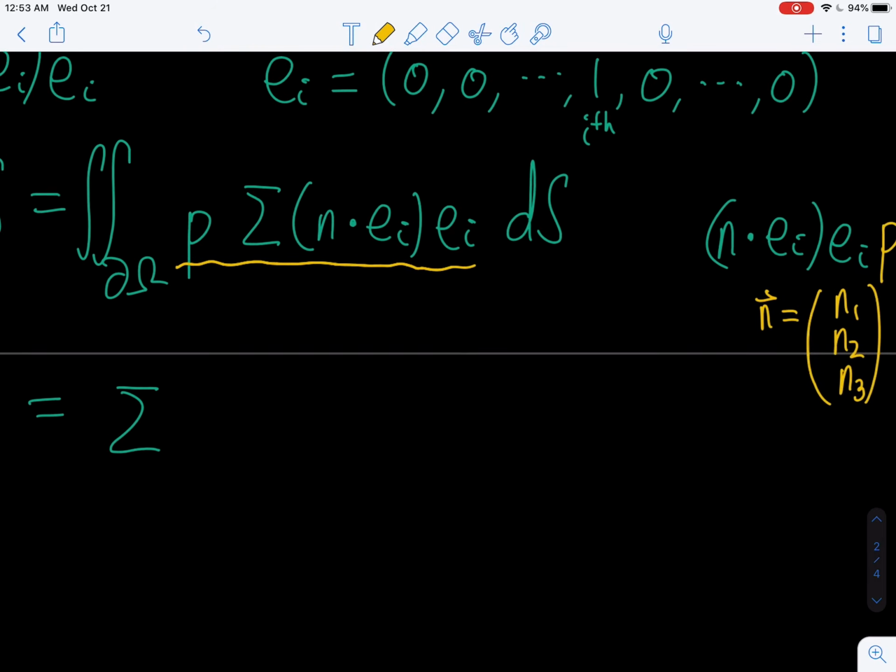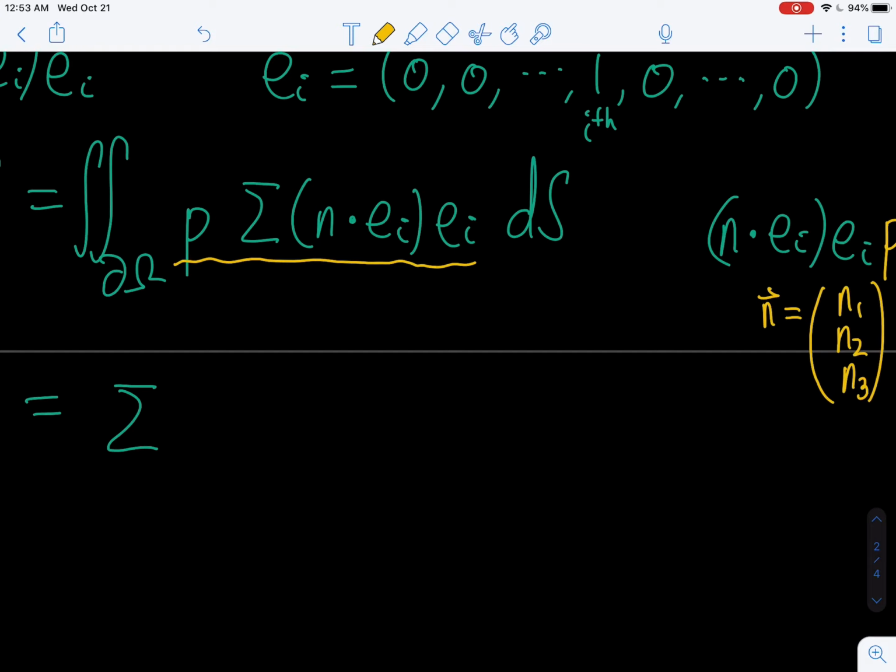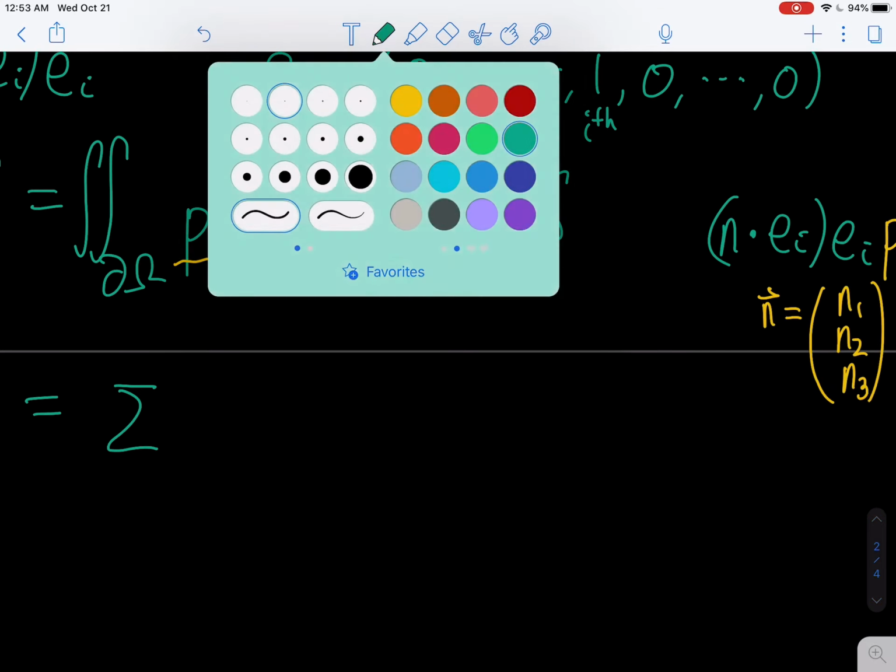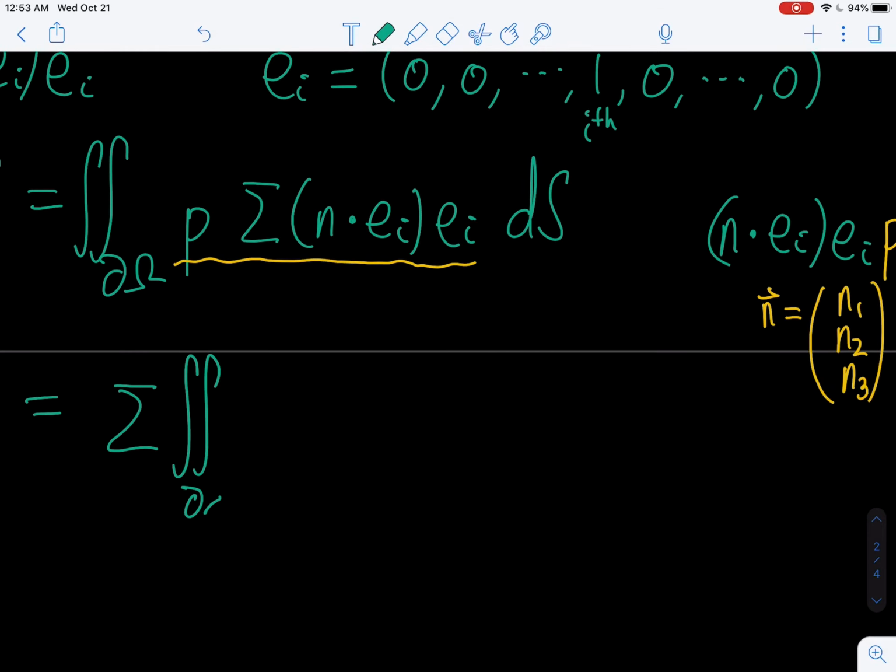So by linearity, I'm going to take sigma out, and I'm going to have the double integral of ei multiplied by n dot ei times p, all of this ds.